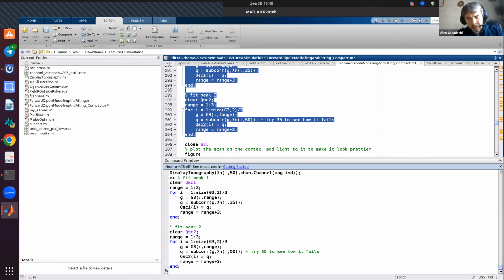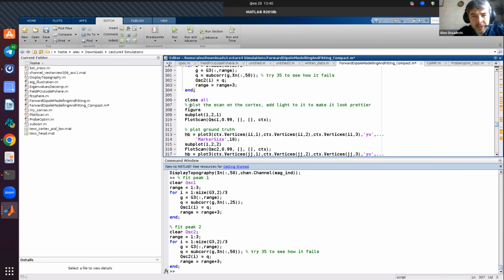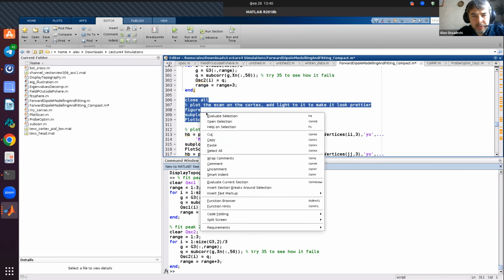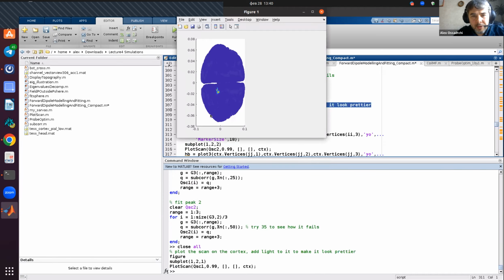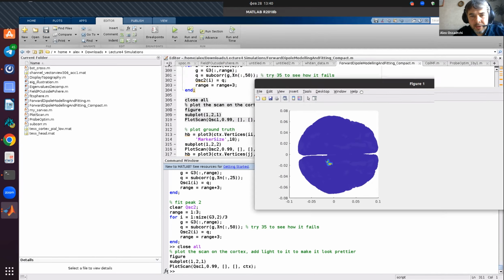So with subcorr, very trivial, everything exactly the same. But again, we do not assume fixed orientation, right? Because we are doing subcorr with model G, which has 3 columns per location. The orientation of the dipole is fixed, but we don't know it, and therefore we are looking for it. Okay, it's done. Let's plot scan Q1. Okay, it's almost there.